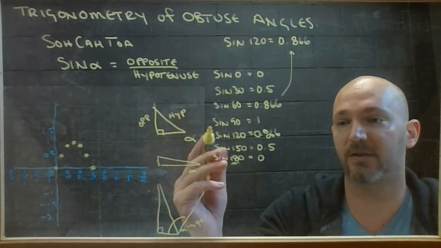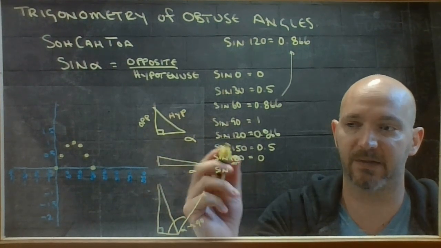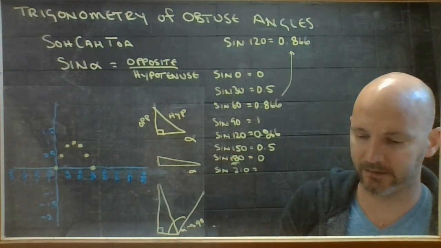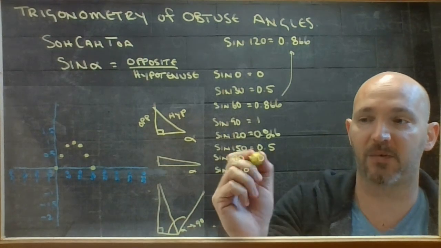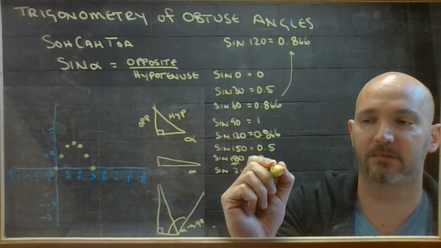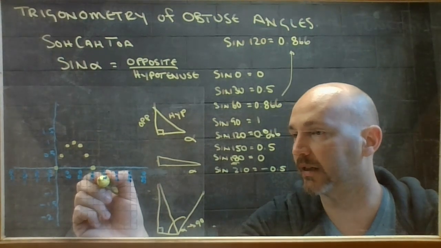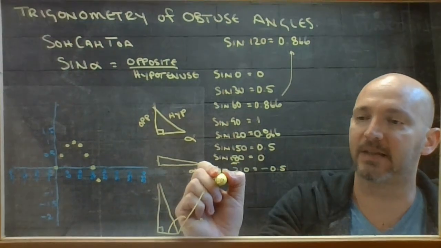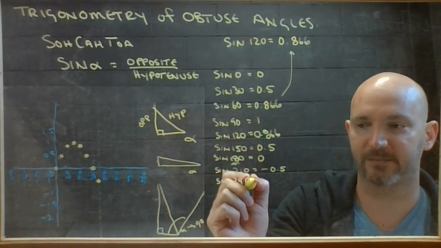So try sine 210, because 180 plus 30 is 210. Put that in the calculator. Gives me negative 0.5. I'll plot that in there. Negative 0.5 is here. And then I will need sine of 240. That's 30 degrees more.